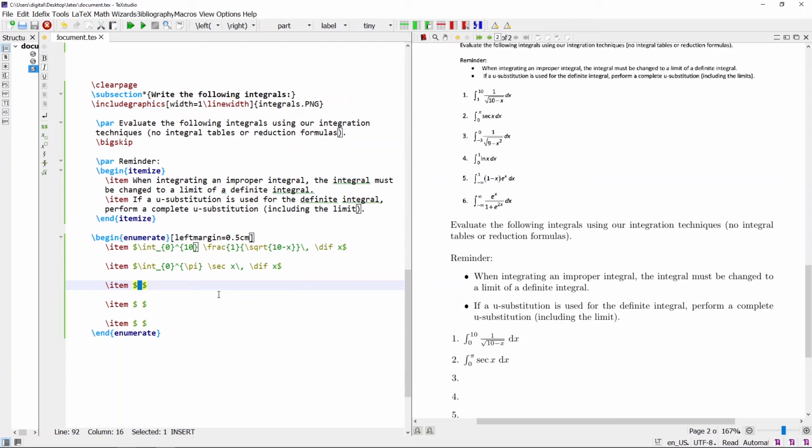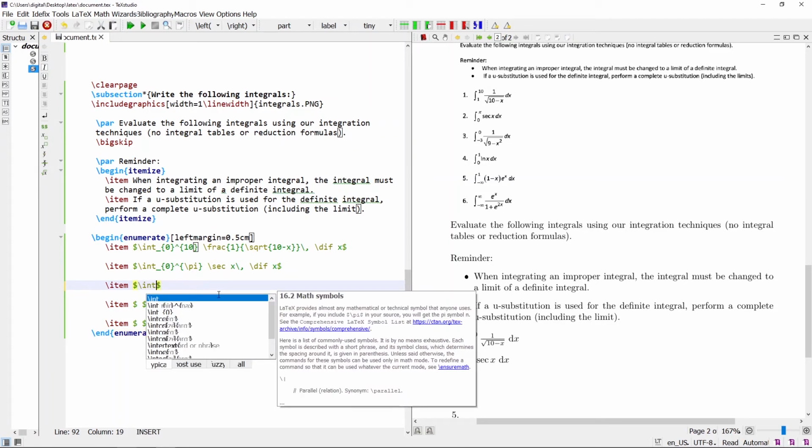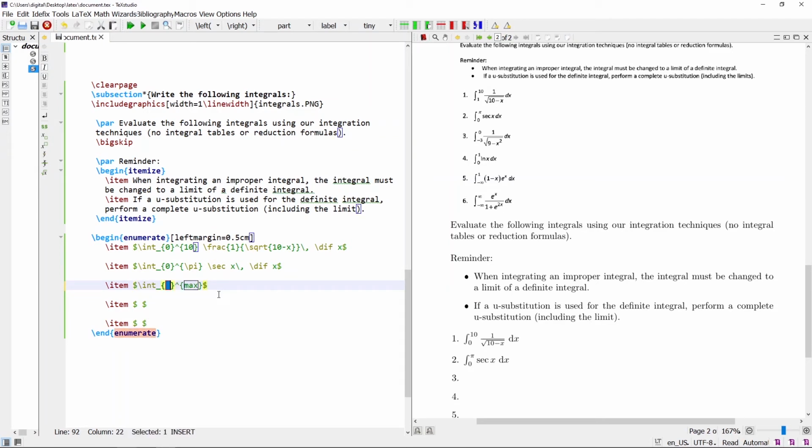The third integral is from minus 3 to 0, and a fraction. In the numerator there is 1 and in the denominator there is the square root of 9 minus x square. Write the space command and differential of x.